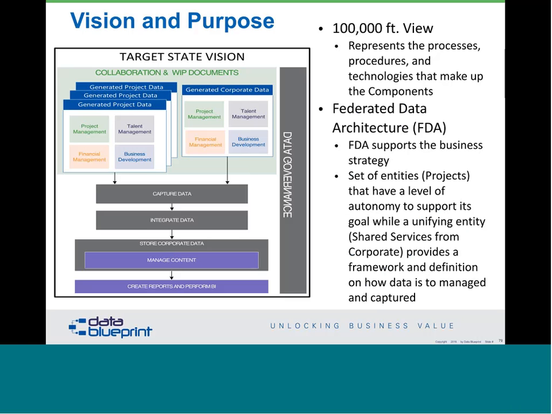Because we knew the organizational strategy and where they were going, we determined that the target vision needed to have a federated data architecture. I know that's not a widely used term, it's a term we made up, but it makes sense to us. A federated data architecture can be explained as a set of entities or projects that have a level of autonomy to support their goals, while a unifying entity, shared services from corporate, provides a framework and definition on how data is managed and captured.